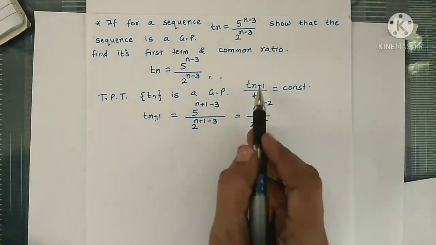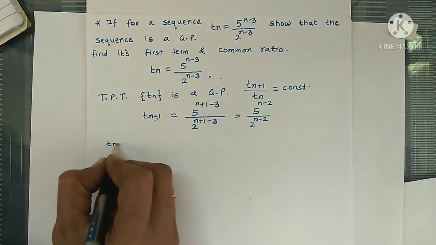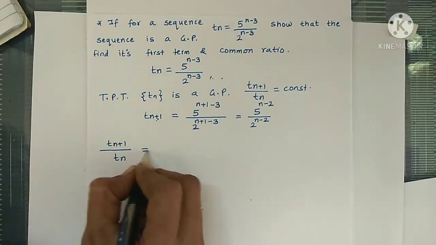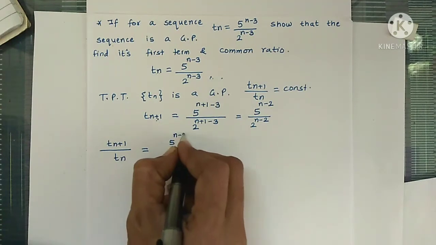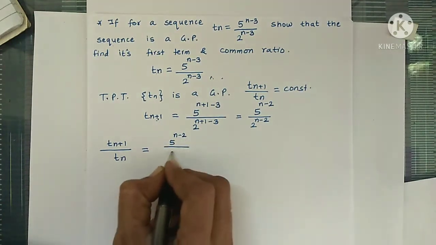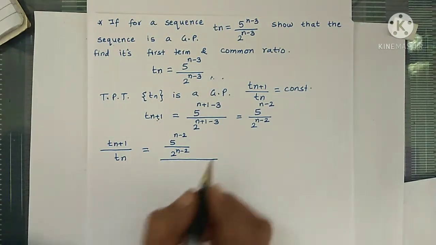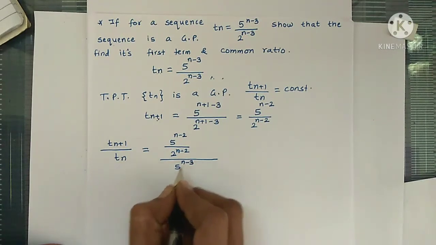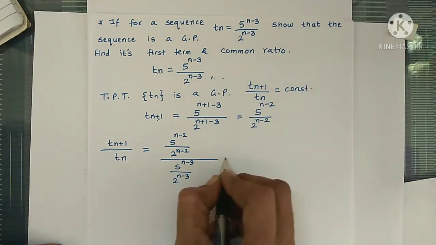So now we have numerator also. So let's write the ratio. Now Tn plus 1 upon Tn. This ratio, n plus 1th term is now 5 raised to n minus 2 divided by 2 raised to n minus 2. This is Tn plus 1 divided by Tn, which is 5 raised to n minus 3 divided by 2 raised to n minus 3.